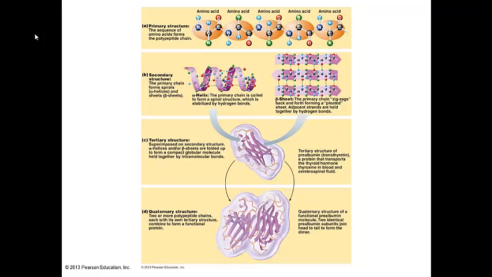And that shape that we very meticulously made by folding it just the right way is going to help us with chemistry throughout our body, help bring things together or help break things apart. But if I unfold it, is it going to be able to do its job? No. If I mess up the pH in my body, what am I going to do to my proteins? I'm going to mess them up. Are they going to work the way they should?